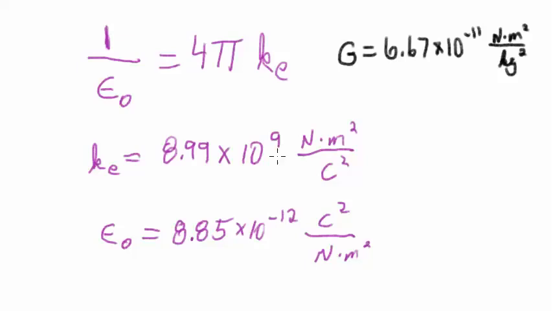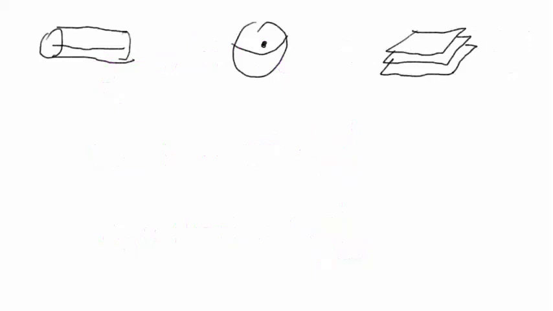Also, we'll soon see that K sub E, being Coulomb's constant, has much in common with the universal gravitational constant. Capital G is Newton meters squared per kilogram squared, while K sub E is Newton meters squared per Coulomb squared.